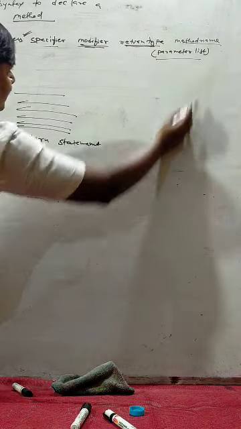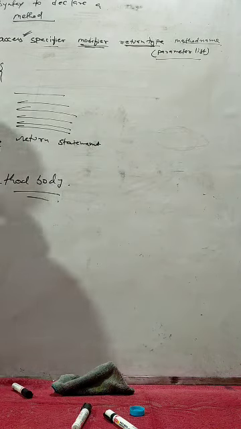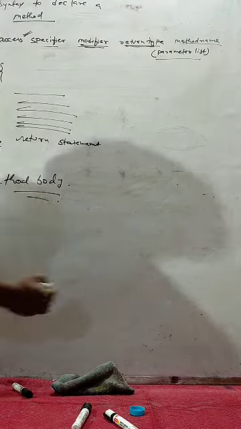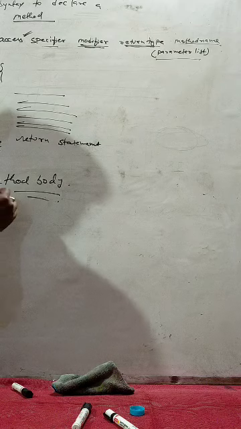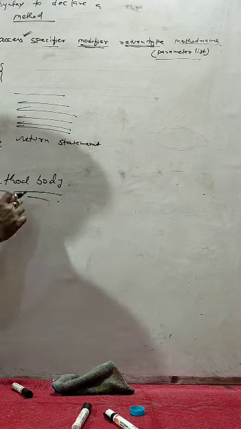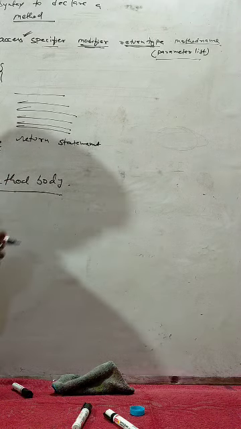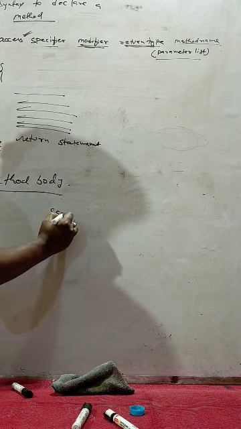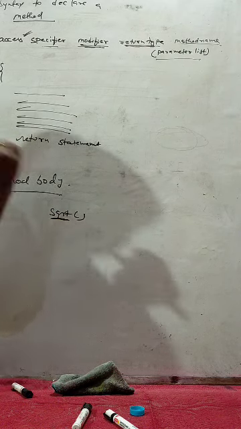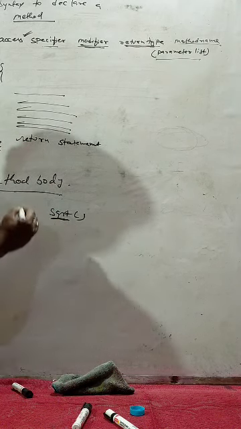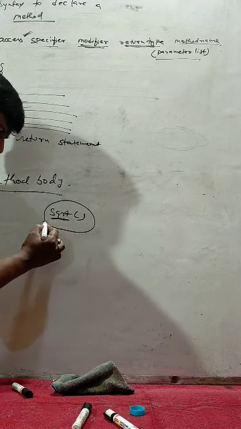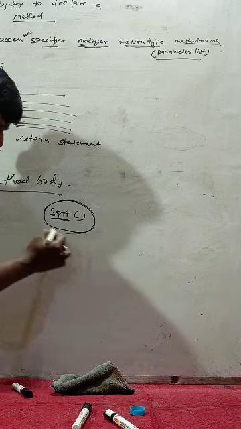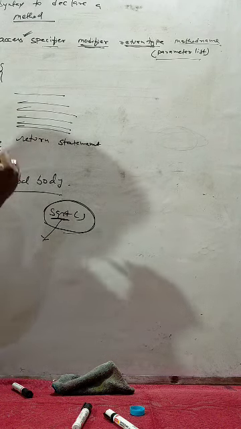Fourth one is the method name. Method name means any name we can specify to a method. Suppose that is sqrt. This is the method name. And always we call a method using its name.